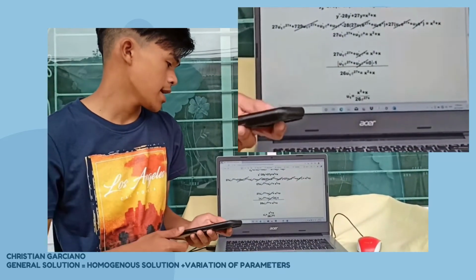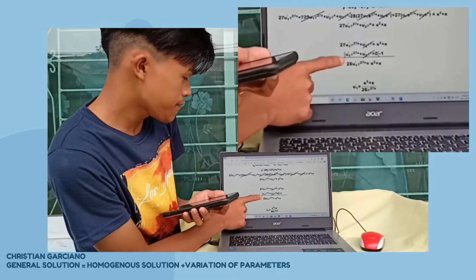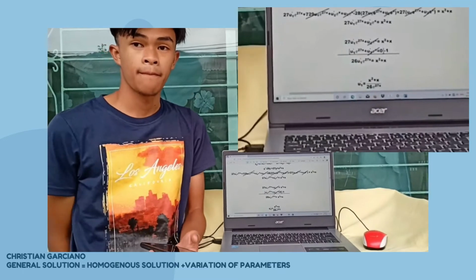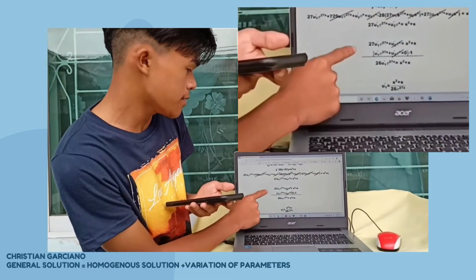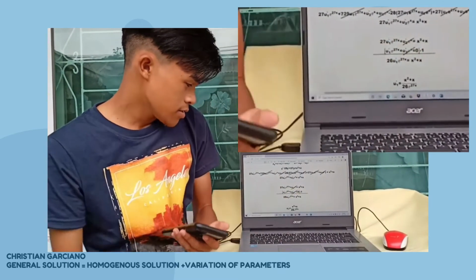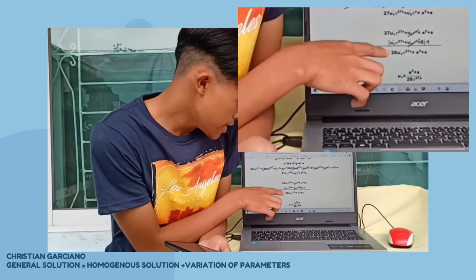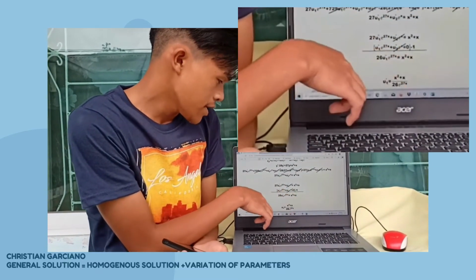And now we will have the two equations, this one and this one. To solve this, we will use the elimination of variables. So the first equation is this and the second is this. The second equation we will multiply by negative 1 and solve.